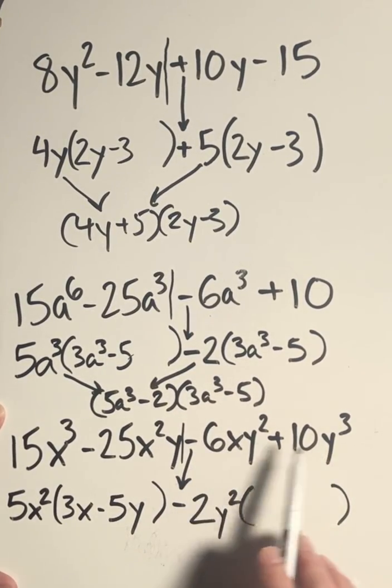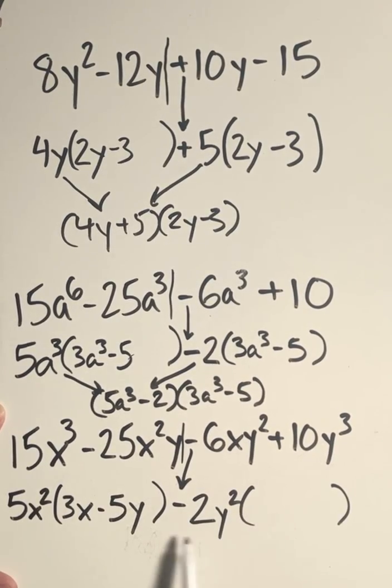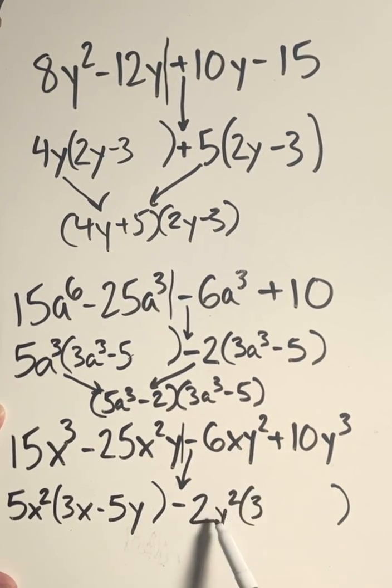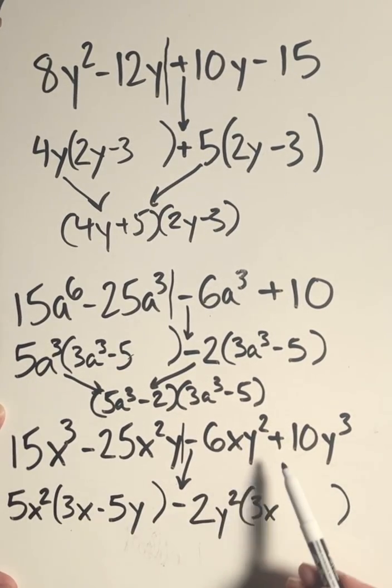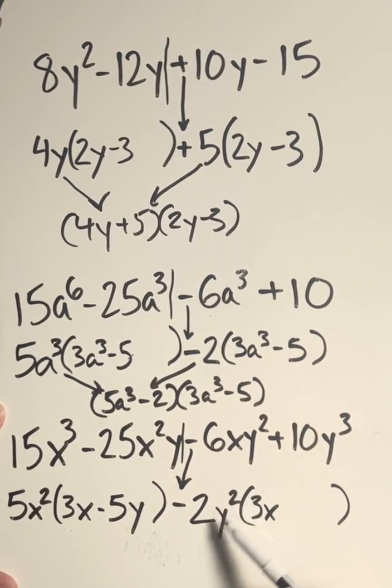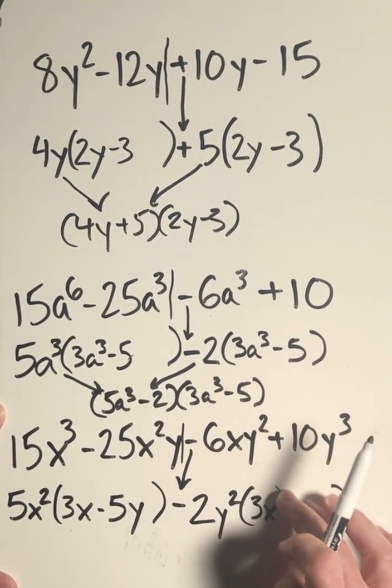Now I'll divide each of these terms by the greatest common factor. Negative 6 divided by negative 2 is positive 3, which matches up over here. X divided by 1 is just x, which matches up over here. Y squared divided by y squared is 1, so I don't need to include it over here.